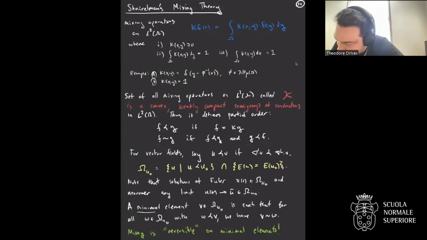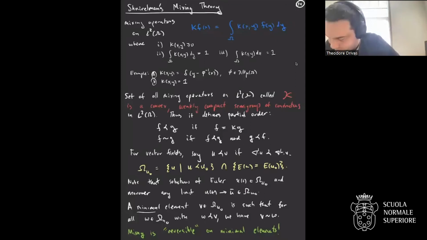So then Schnellmann introduced the set of all the vector fields U for which the vorticity corresponding to that vector field is a mixing of the vorticity of a given one, U0, which could be thought of as the initial data for Euler. And he intersects that set with equal energy. So he views this as a proxy for the omega limit set of the given initial data U0 for the Euler equation.